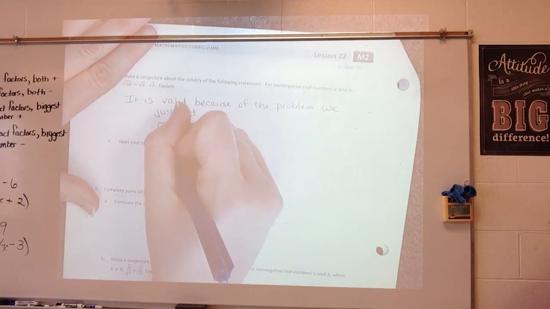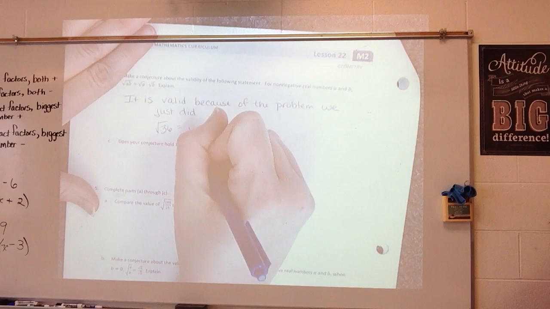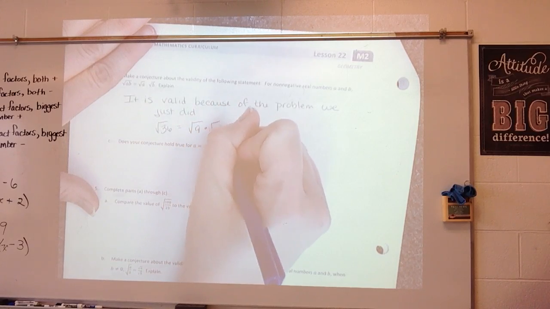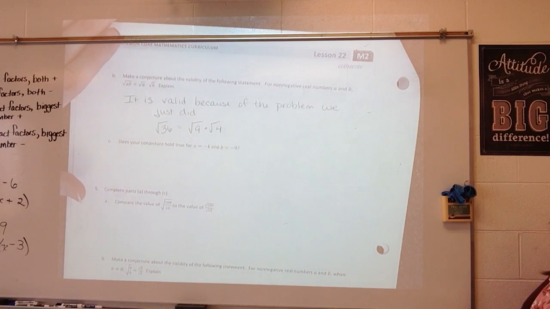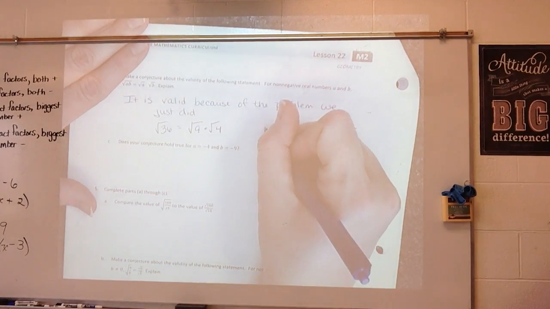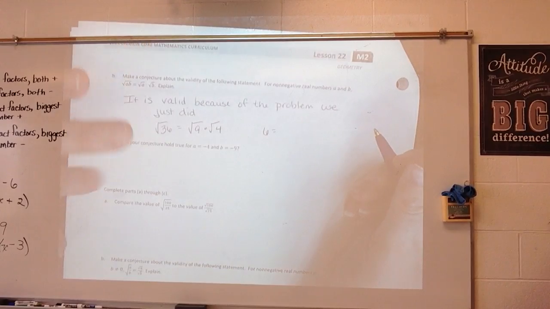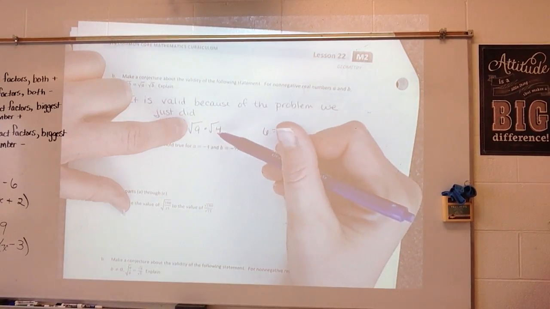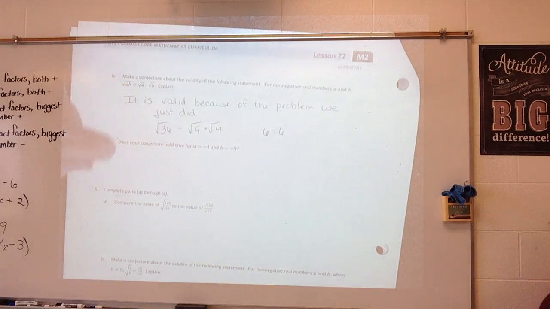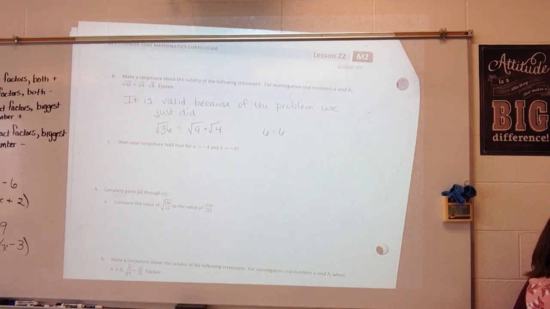So the square root of 36 can be rewritten as the square root of 9 times the square root of 4, because 9 times 4 is 36. And we figured out that the square root of 36 was 6, and the square root of 9 is 3 times 2 is 6. So it's valid. I can rewrite my square roots to figure out my problem.